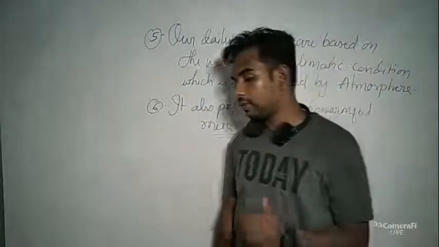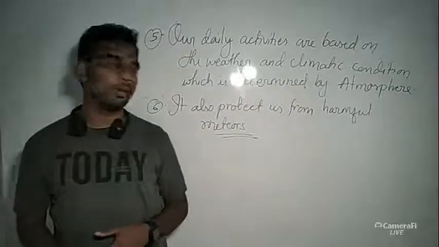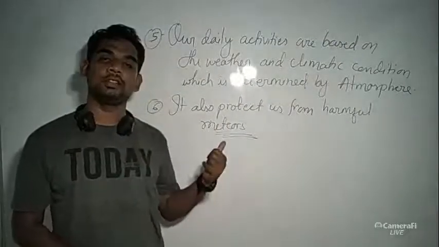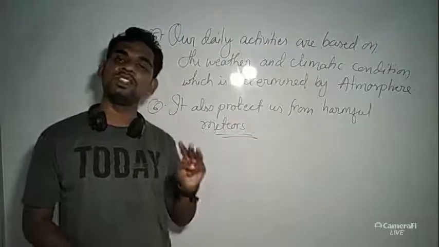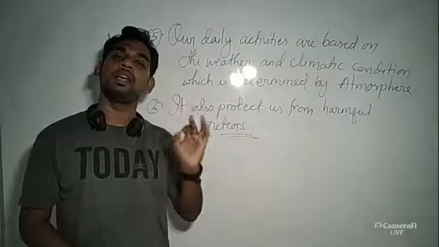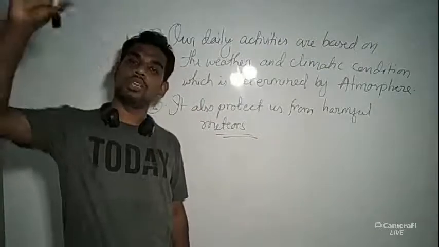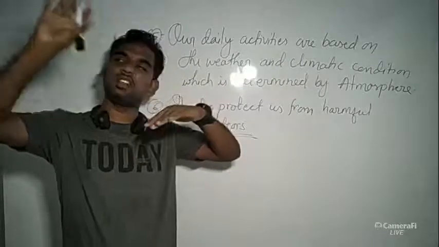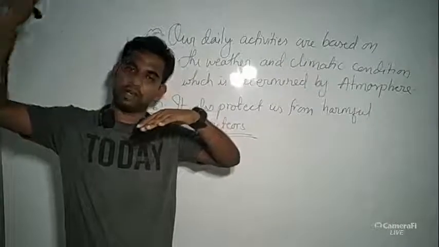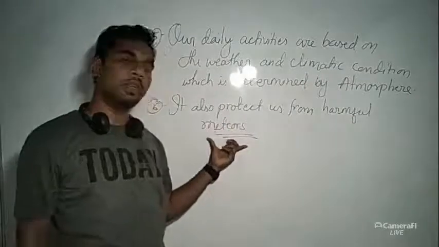I guess many of you must remember, or many of you may have forgotten about it. Meteoroids, meteorites and meteors, these are three names, but they are the same. What is a meteoroid? Meteoroids are outside the earth's surface. When they enter, they are known as meteors.